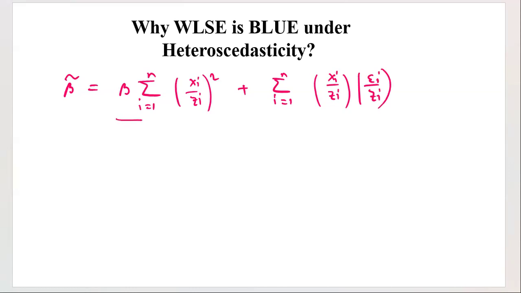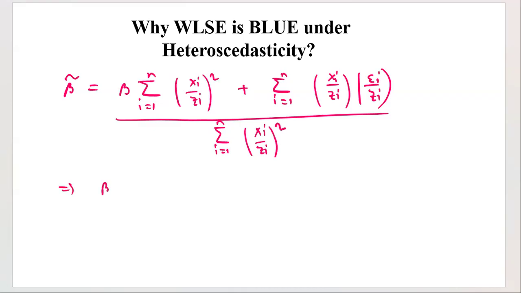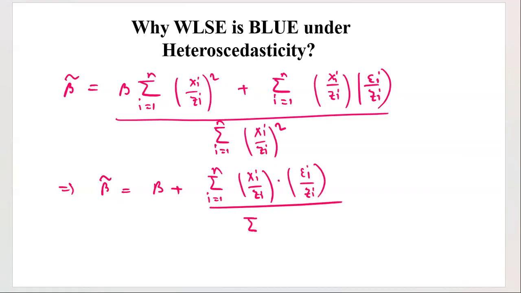So the denominator remains the same, which is xi upon zi whole square. Now if you individually apply the denominator, it will be beta plus, as it is, summation i from 1 to n xi upon zi epsilon i upon zi, upon summation i from 1 to n xi upon zi whole square, right?